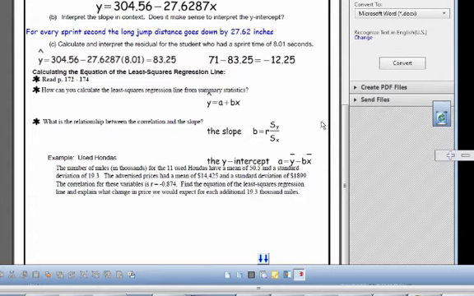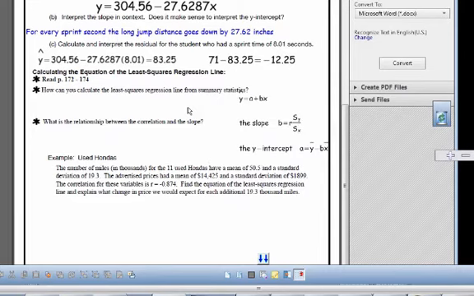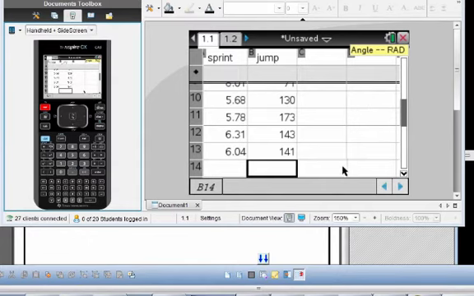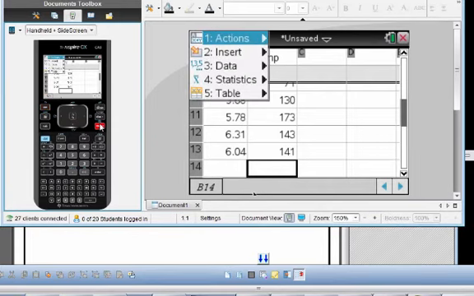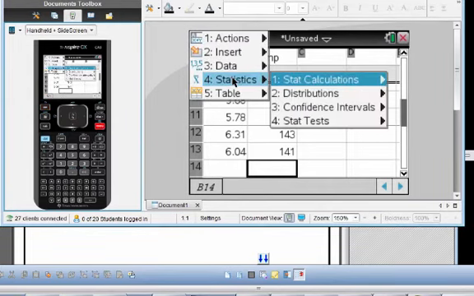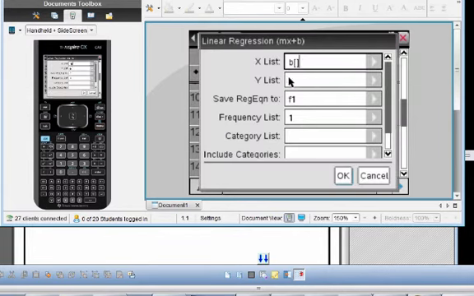So what we'll need to do is find the mean of x, the mean of y, the standard deviation of x, the standard deviation of y, and their correlation r. We can do that on our calculator. Go back to the table, and we're going to do menu, then statistics, stat calculations, and I want linear regression, with the sprint time for x and the jump distance for y.